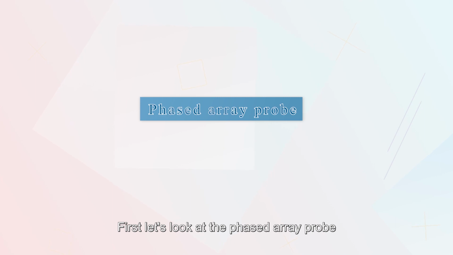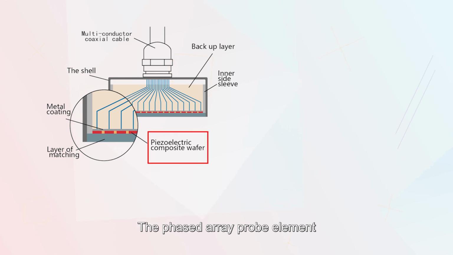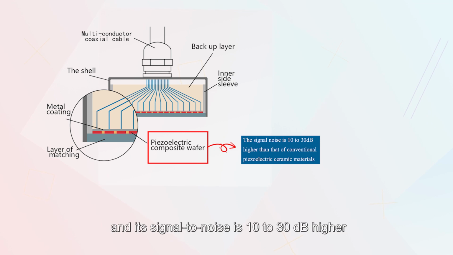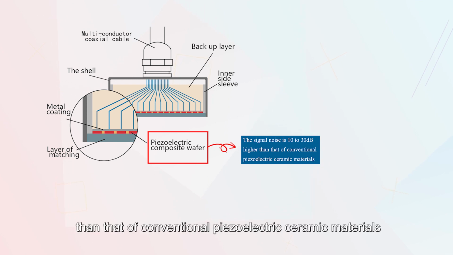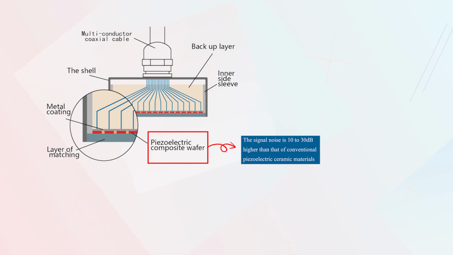First, let's look at the phased array probe. The phased array probe element is made of composite materials, and its signal-to-noise ratio is 10 to 30 dB higher than that of conventional piezoelectric ceramic materials.